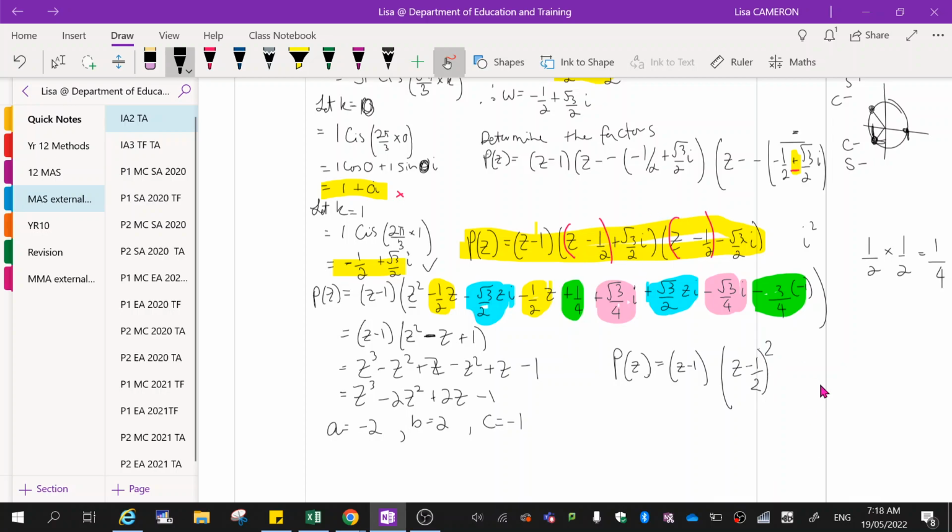Then this one times that one will make minus root 3 on 2zi. Root 3 on 2i minus a half. Then when they did this times that, it cancels out that middle term.